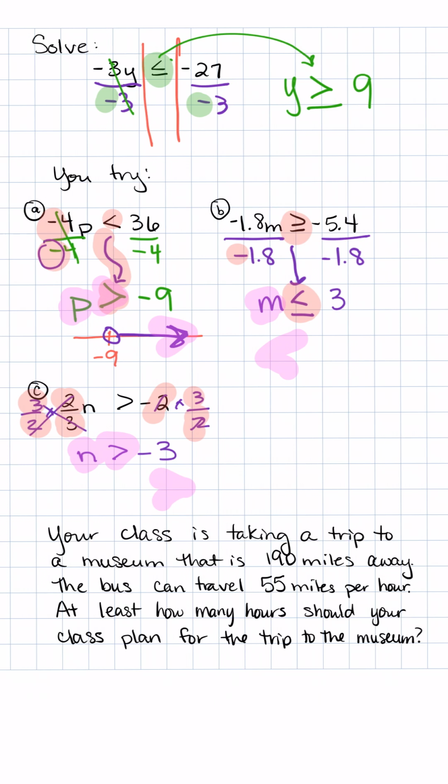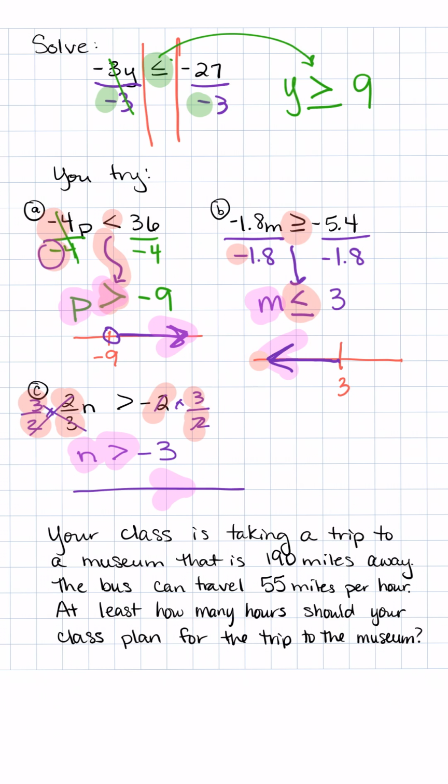So let's look up here. If we have our line, we're going to do 3 is greater than, so our arrow is going to go this direction, the same as the inequality.